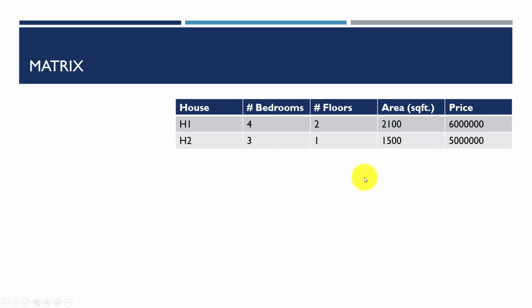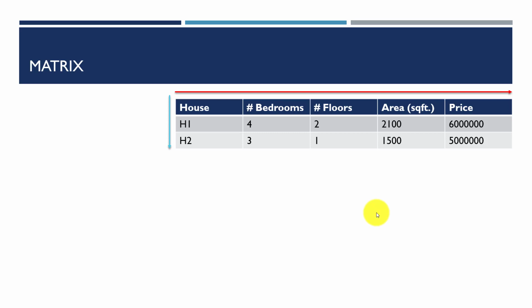So why is it two-dimensional? Because if you see this particular view, you will see a single house's details. And if you see this particular view, you will see all the houses' details. This particular view also represents the features for each and every house. That's why this data is two-dimensional in nature.